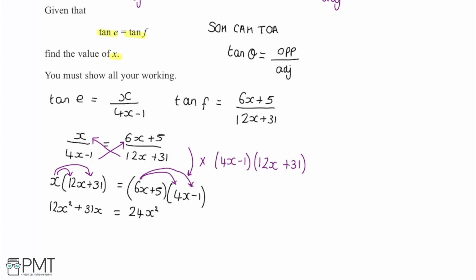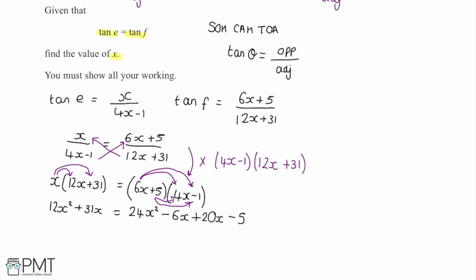So 6x times minus 1, I'm going to do minus 6x. Now moving on, we have 5 times 4x, and that gives us 20 plus 20x. And then finally, we just do this last one. 5 times minus 1 gives us minus 5.